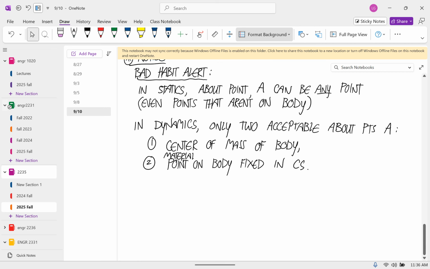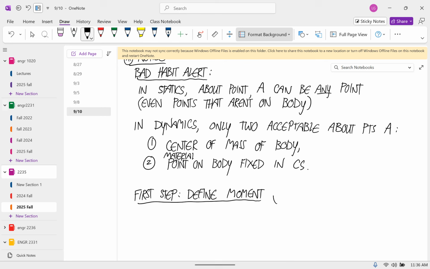So now, the first step we need is to define what a moment is. People call it a moment, but what it really is is the moment of a force about a point.